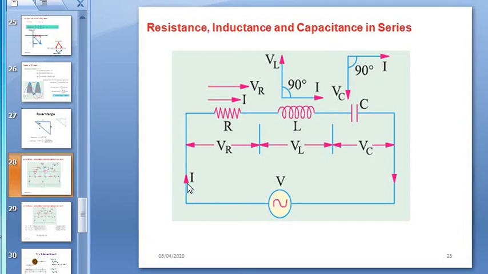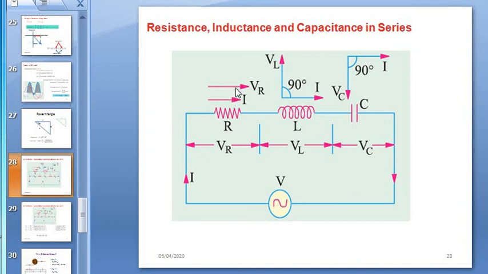Say the current I is flowing through all the components. Since all of them are connected in series, the current will remain the same. Say VR is the voltage drop across the resistance, VL is the voltage drop across the inductor, and VC is the voltage drop across the capacitor. We know that for pure resistance, voltage and current are in phase.